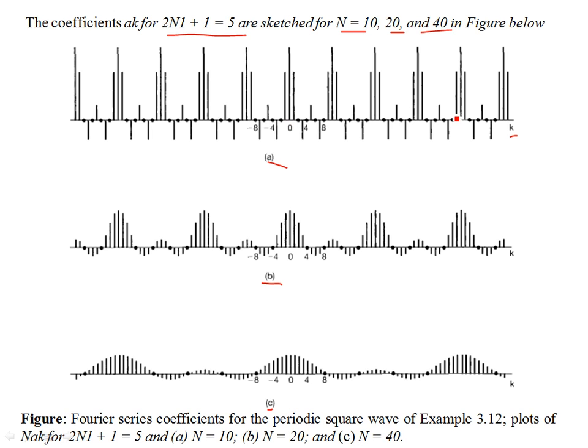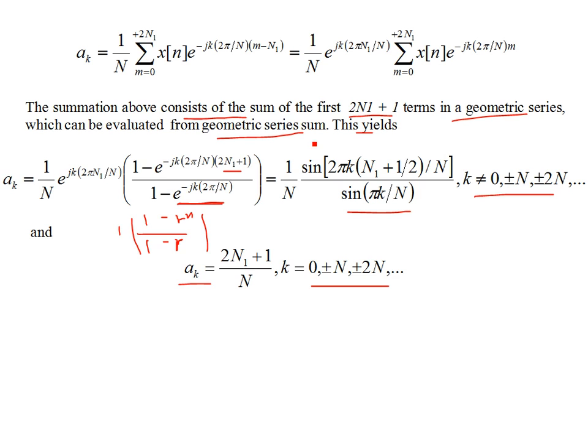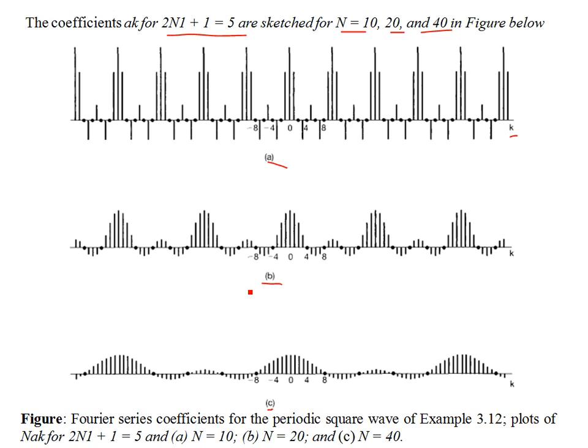So for example, at k equal to 0, this takes the form of (2n1 plus 1) over N, and for the first figure the period is 10, and this is 5, so 5 by 10 is half. Okay, so the DC Fourier coefficient is half, and this tends to repeat itself at capital N equal to 10 and minus 10.